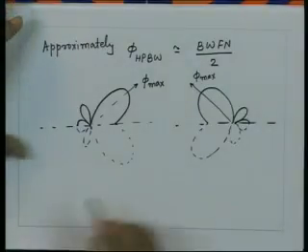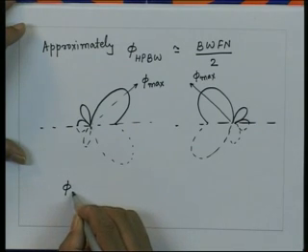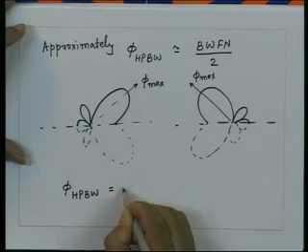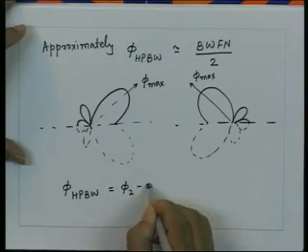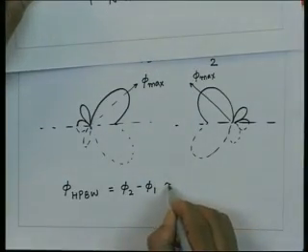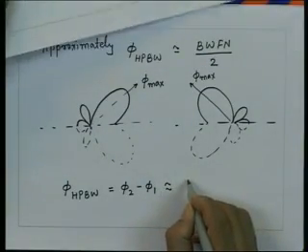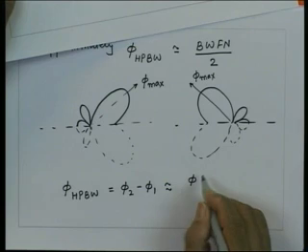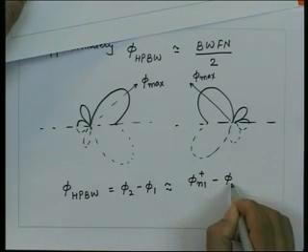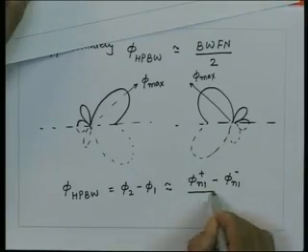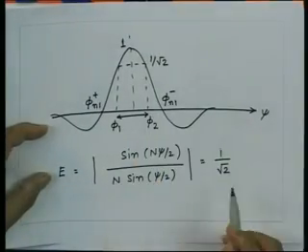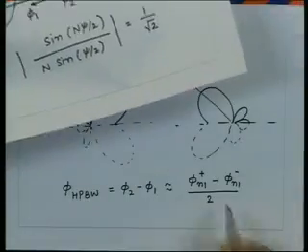So the half power beam width phi is equal to phi 2 minus phi 1, that is approximately, as we said, phi n1 plus minus phi n1 minus divided by 2.